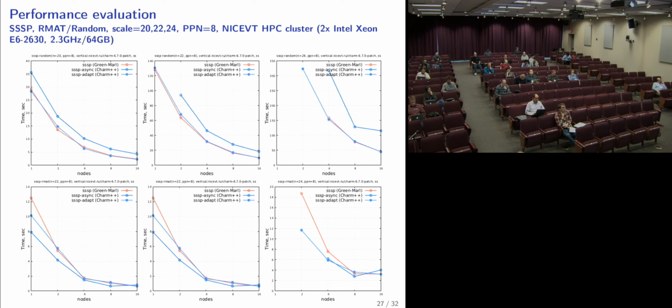For the SSSP problem, actually for all problems except PageRank, I found a very surprising thing: the translated programs behave a bit more effectively than the natively programmed Charm++ reference implementation. After investigating why this is happening, I found that when I usually write some graph algorithm in Charm++, I implement it in as asynchronous a way as possible.